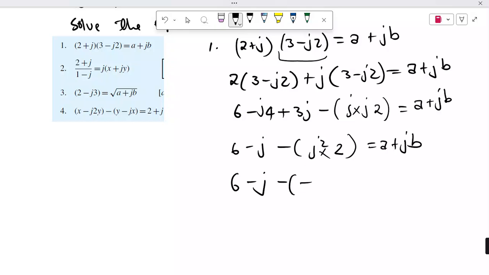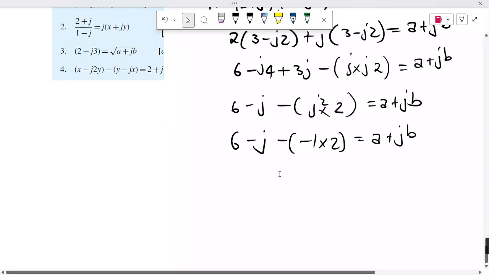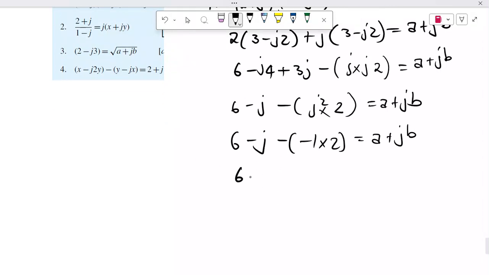We talked about this identity yesterday. I'm just trying to show all the steps here. Negative 2 multiplied by negative 1 becomes plus 2, equals a plus jb. All right.